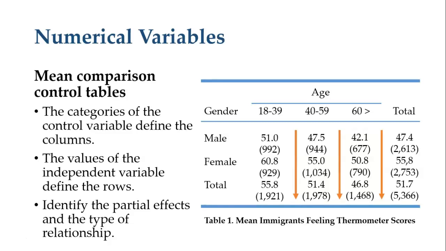And we basically see again what happens when there is a change in the values of the independent variable, controlling for each value of the control variable.